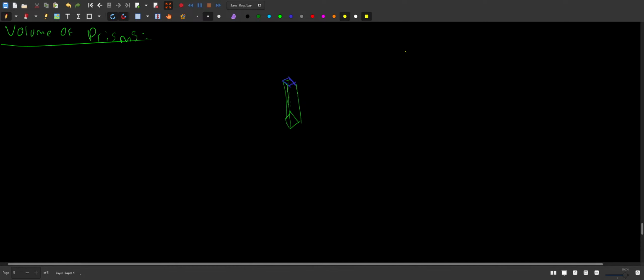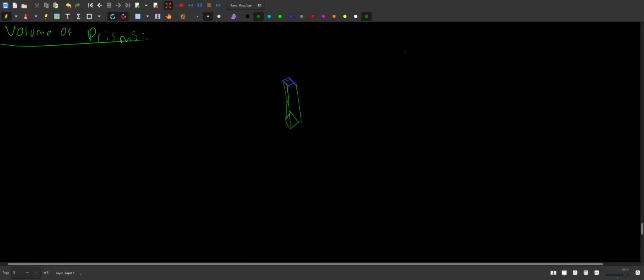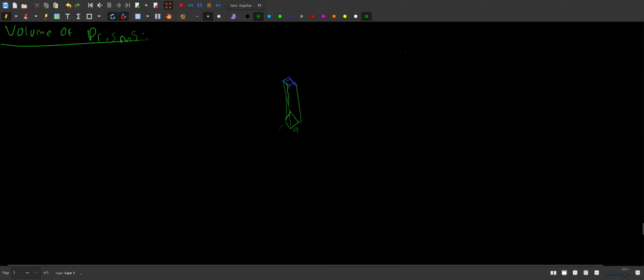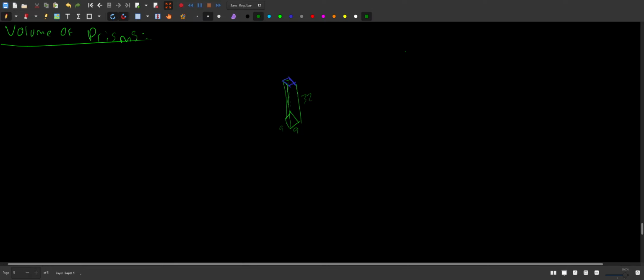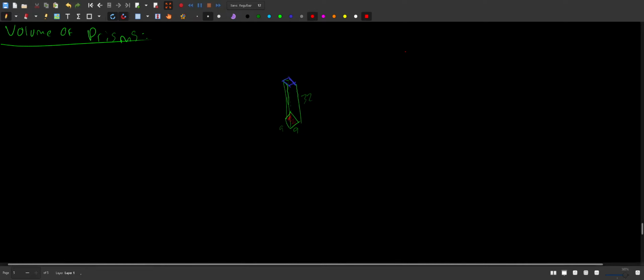All right, well, that seems like it's as good as it's gonna get. So I'm just gonna swap to dark green. So let's do 9, 9, and 32. First thing we're gonna do is find the area of our base here. So that's just gonna be 9 times 9.